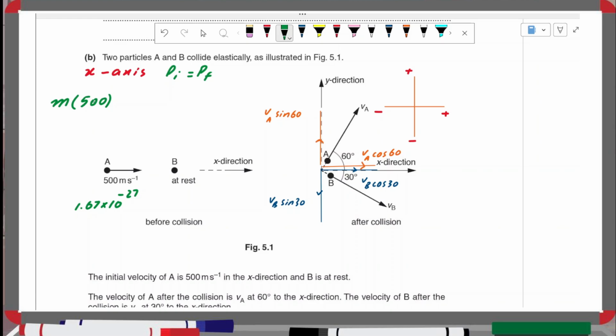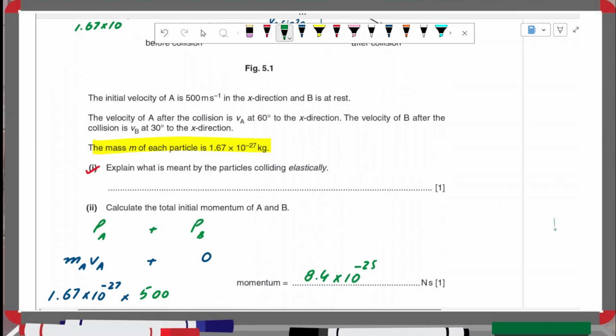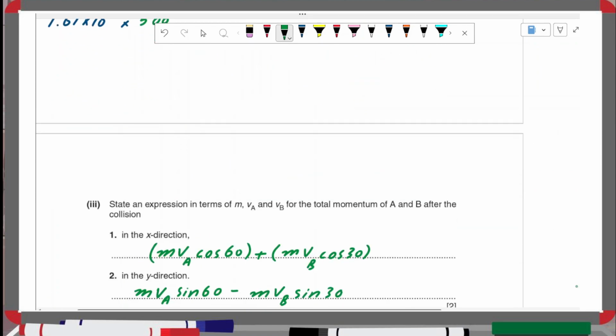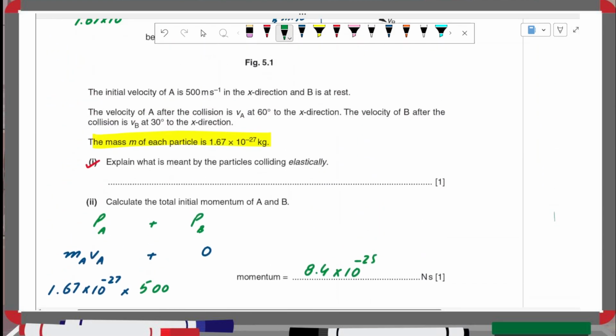We can find the value afterwards. What is the final momentum, or the momentum after collision, along the x-axis? What was the expression again? MVA cos 60 plus MVB cos 30. So just copy paste this one over there.